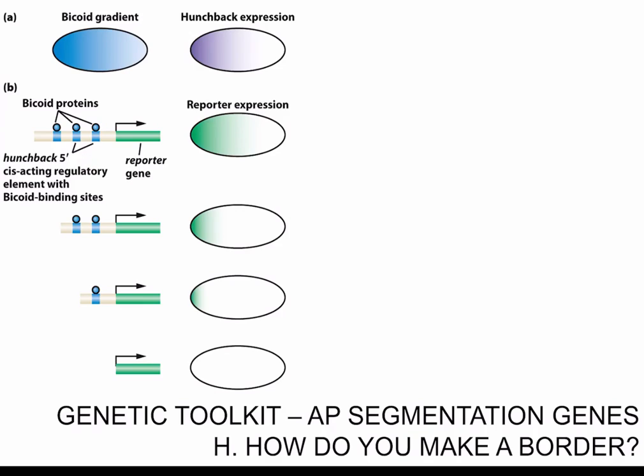Now, this threshold dependent activation of Bicoid target genes such as hunchback, and all the other gap genes and pair rule genes are also targets of Bicoid, can explain how you can get localized expression where you have expression in the anterior but not in the posterior.